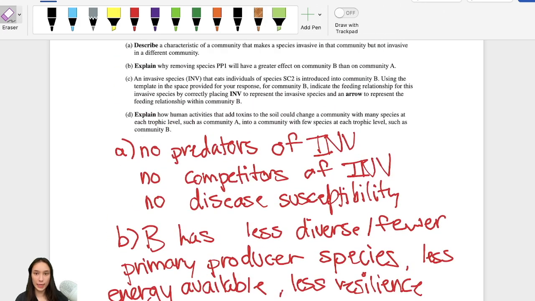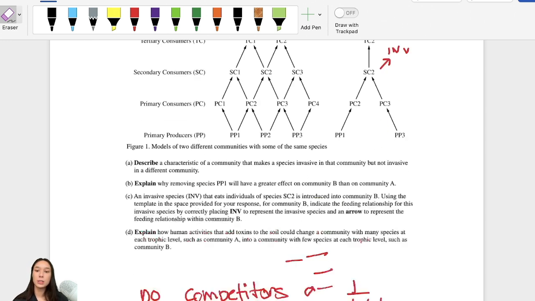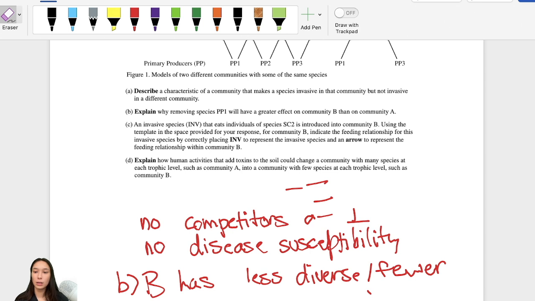Okay, the last one says, explain how human activities that add toxins to the soil could change a community with many species at each trophic level, such as community A, into a community with few species at each trophic level, such as community B. Okay, let me just erase this so that I can get a little bit more room.